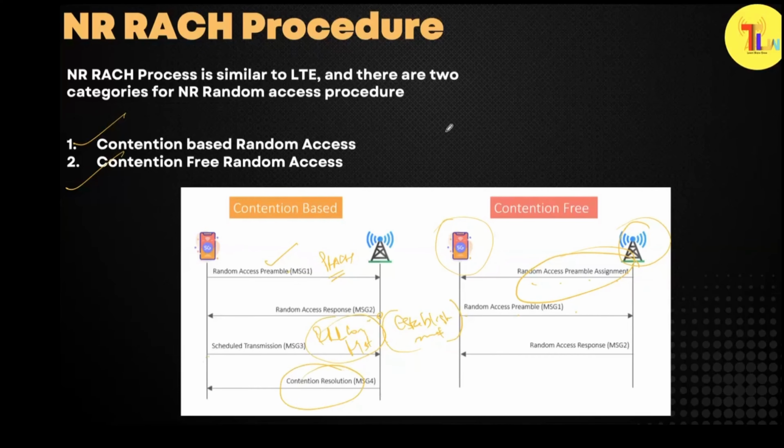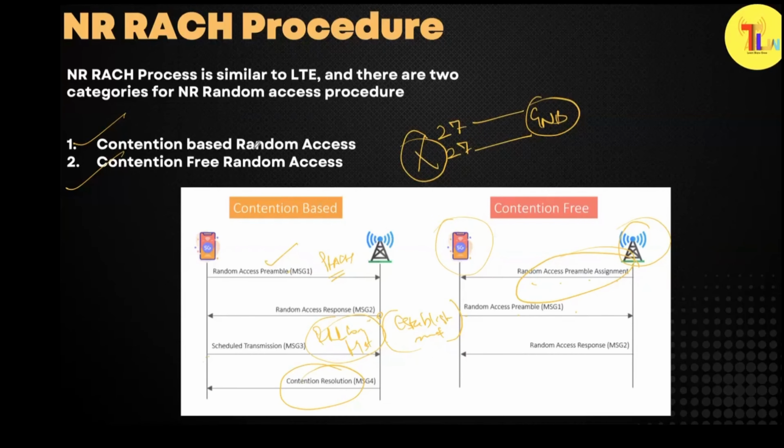What is contention? I'm using 27, another UE is also using 27 and sending it to the gNodeB. So how will the gNodeB act? Either it gives nothing, no UE gets access, and they have to go again, or one UE gets message 2 and then message 3 is sent, and contention resolution happens.